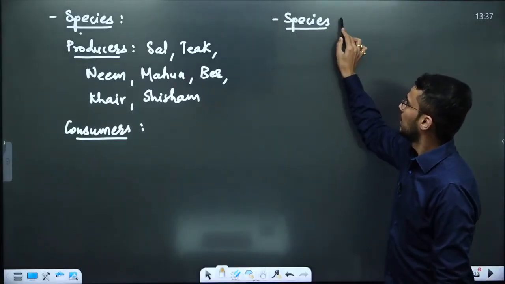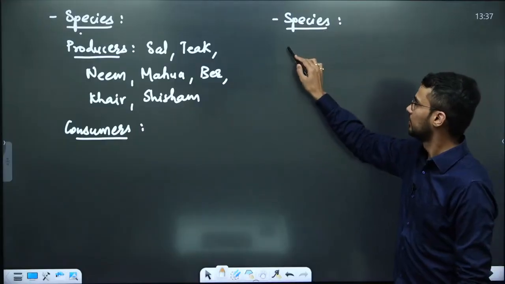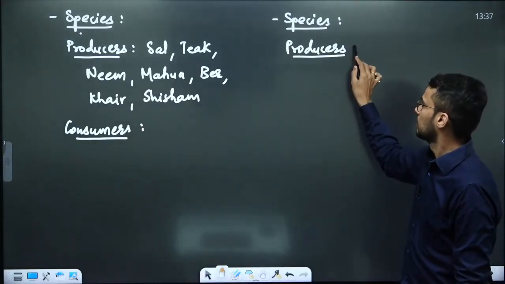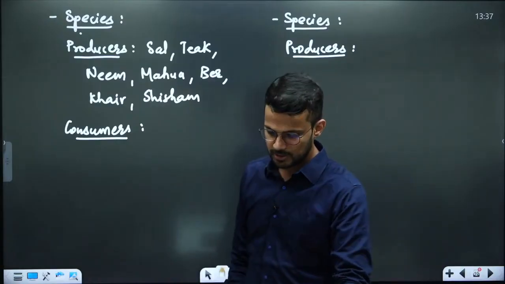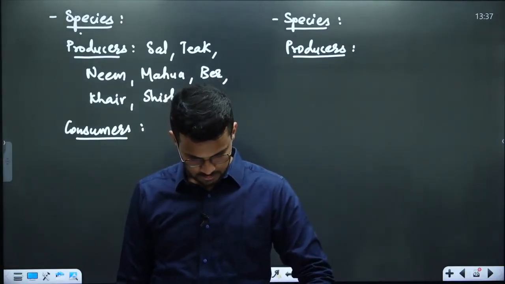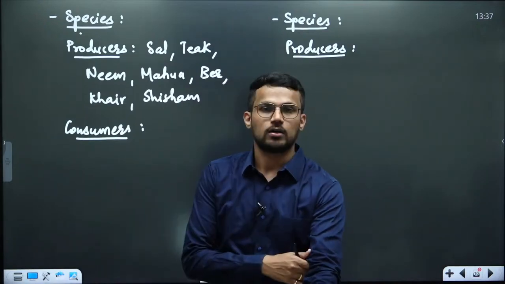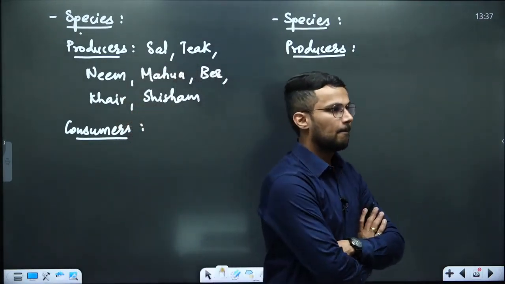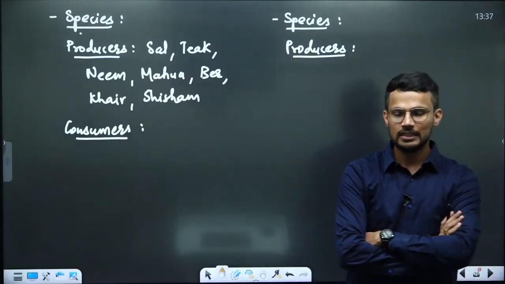Species in temperate deciduous. Temperate deciduous पे नाम लिखिए please. Write down. Oak. O-A-K. Maple. M-A-P-L-E.